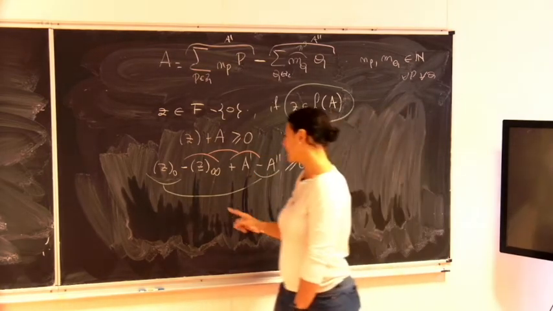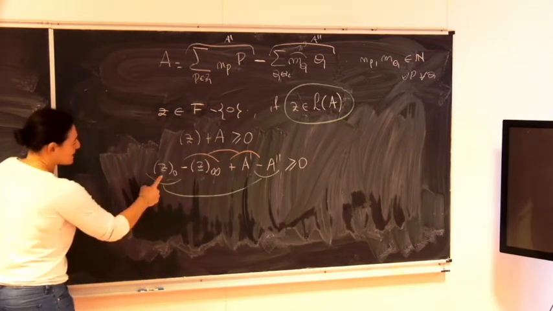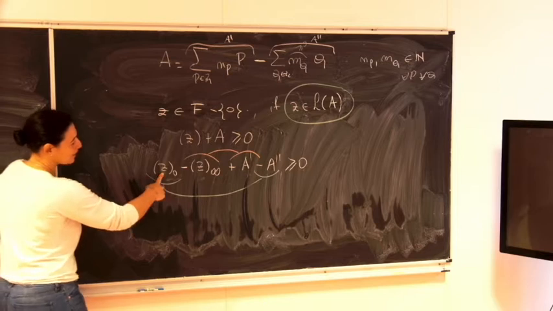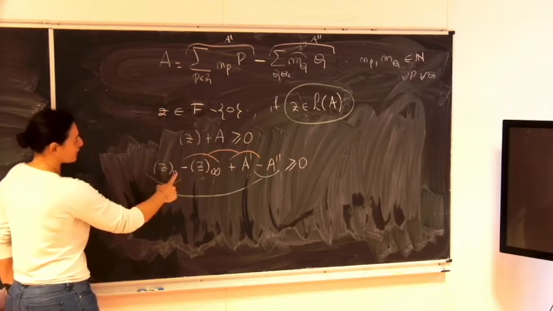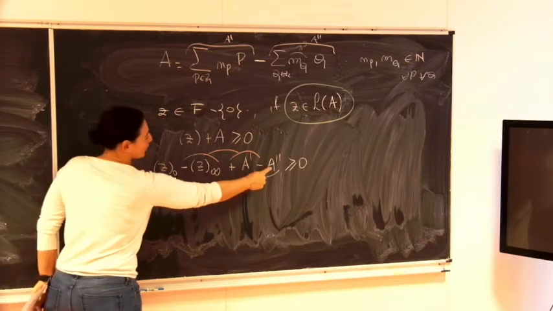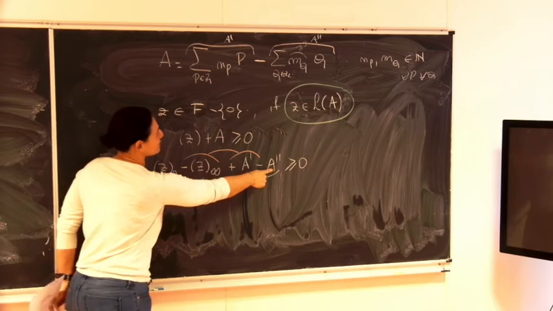So this is saying that Z needs to be at least zeros on the places where A has.